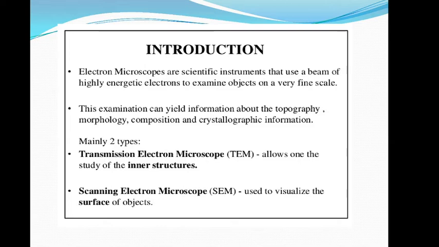Mainly two types of electron microscopes are there: a transmission electron microscope and a scanning electron microscope. All electron microscopes use electromagnetic or electrostatic lenses to control the path of electrons. These two, the transmission electron microscope and the scanning electron microscope, are both used to analyze the structure of nanomaterials.